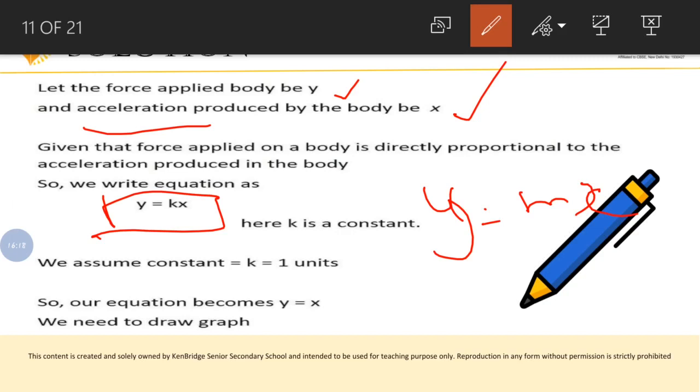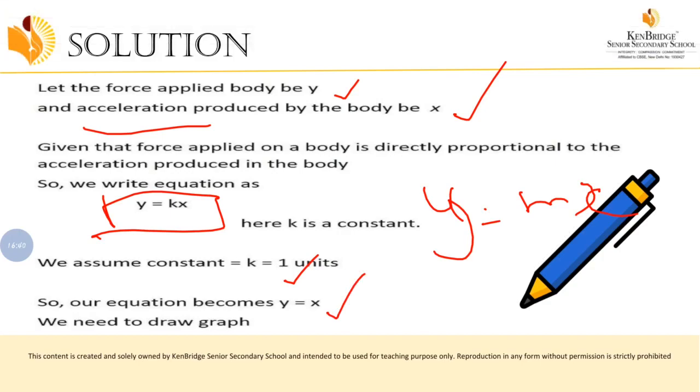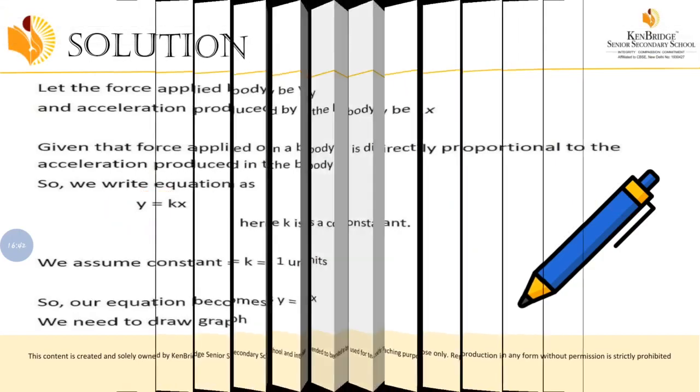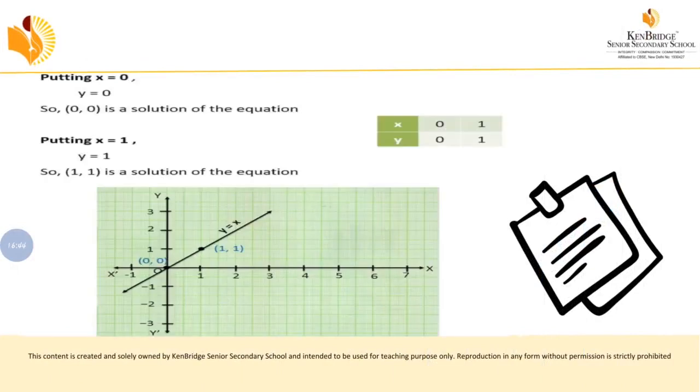So we have taken y is equal to kx and we assume the constant k is equal to 1 unit. If you assume k is equal to 1 and apply it in the equation y is equal to kx, we will get y is equal to x. So now we have to draw the graph of this equation, no? So let's see the graph of the given equation.